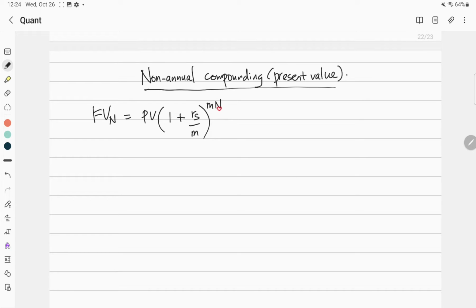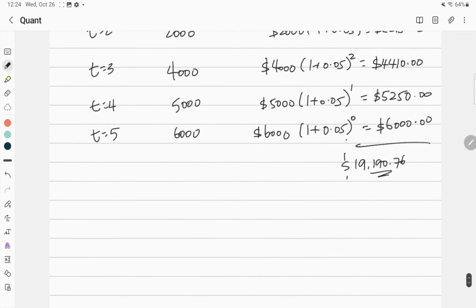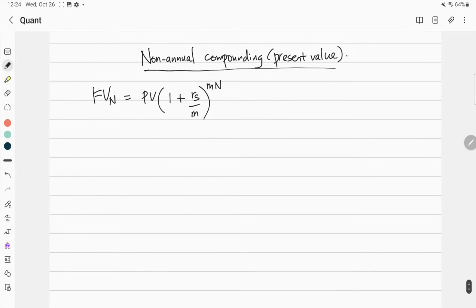Now we wanted to calculate the present value from the future value. So rearranging this, we find that the present value equals the future value after n years divided by 1 plus rs over m raised to the total compounding.